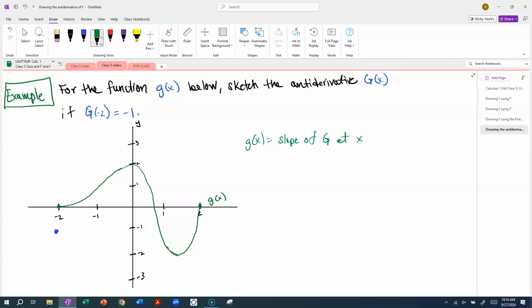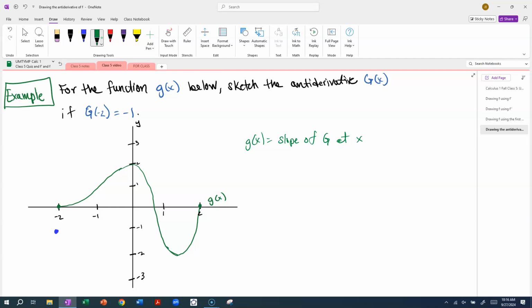It's approaching a slope of 1, like the line y equals x, and then a slope of 2, and then the slope quickly changes, and then the slope is 0, and then it goes negative, and then returns to being 0. So I'm going to try to assemble that the best I can.